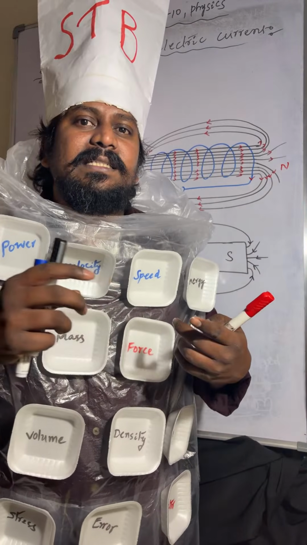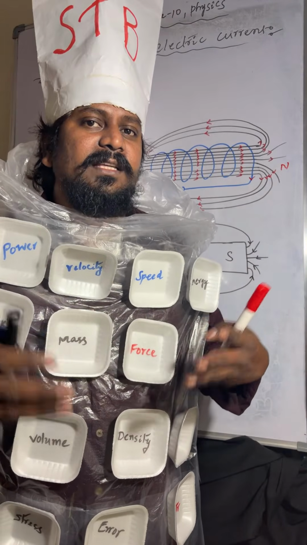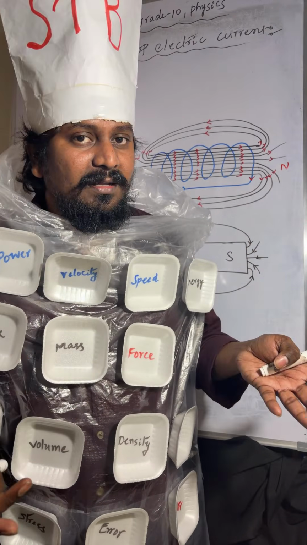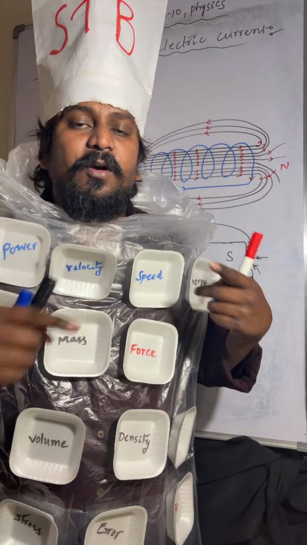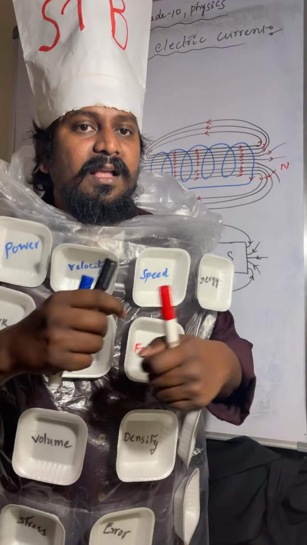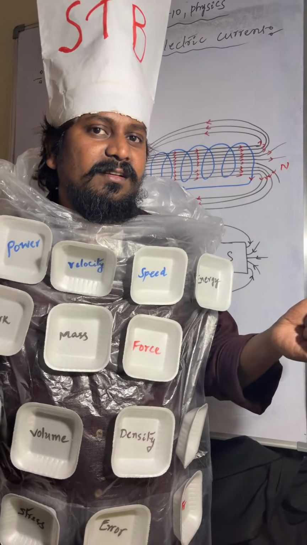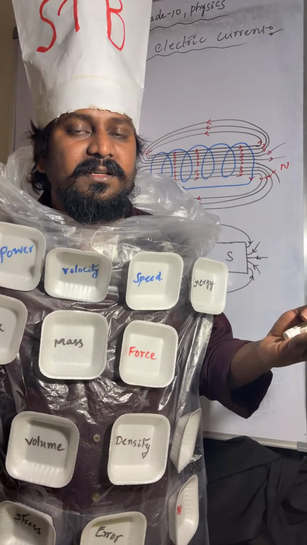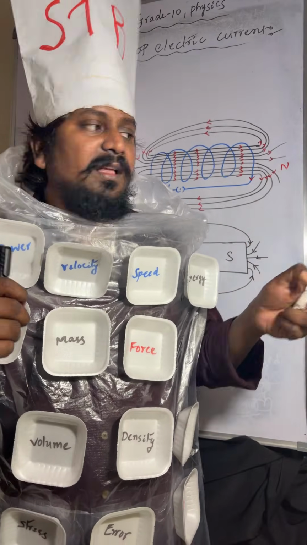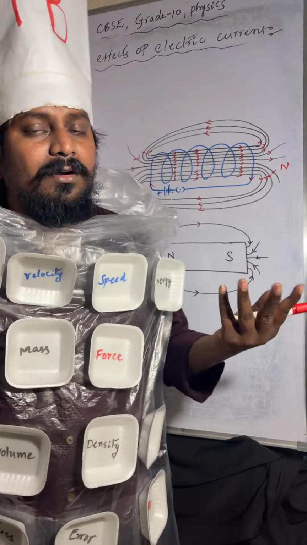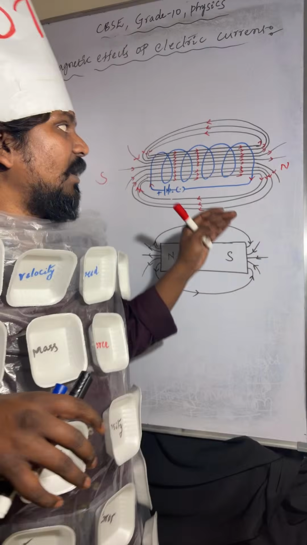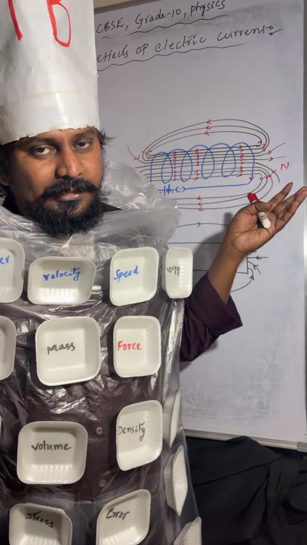By passing more current. So it depends on the strength of current, point number 1. And point number 2, increasing the number of turns. If you increase the number of turns, the magnetic field increases. If you send more current also, the magnetic field increases. So in a bar magnet, we can't do anything. We can't improve the magnetic field. The magnetic field is fixed. But here we can change it.